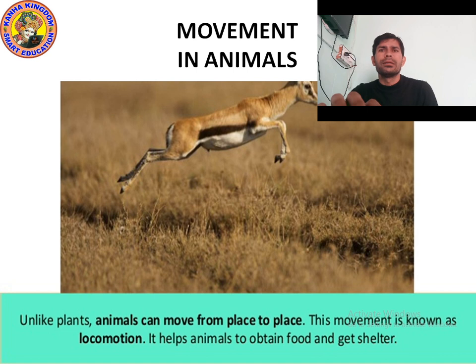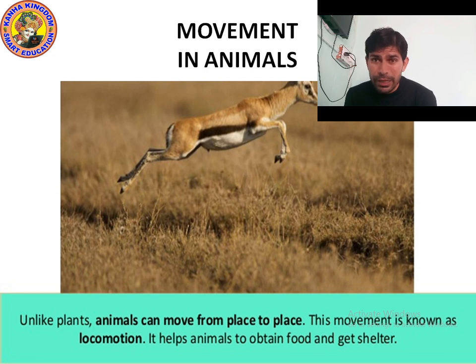So unlike plants, animals can move. The movement of animals from one place to another is known as locomotion, and it also helps protect animals from the danger of predators or natural calamities. When they see a flood or anything like this, they start moving, they run away.